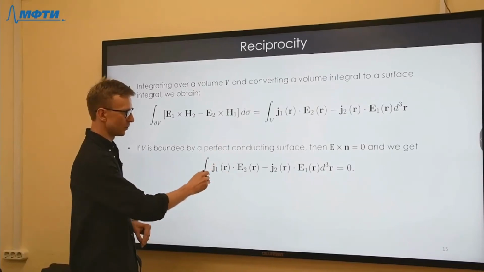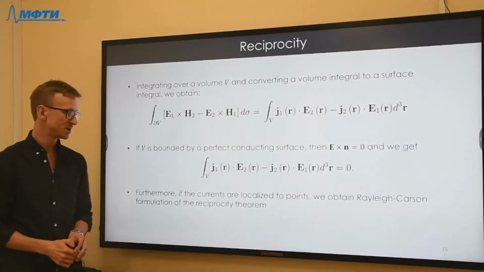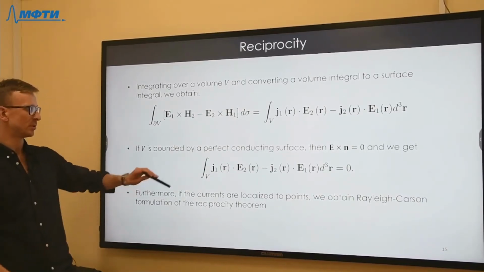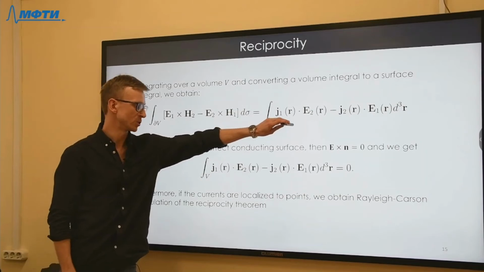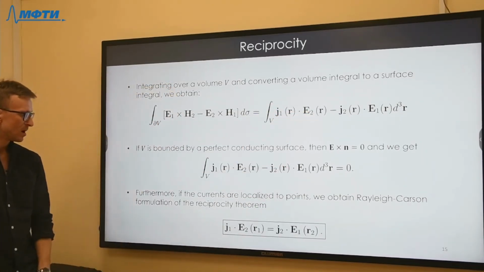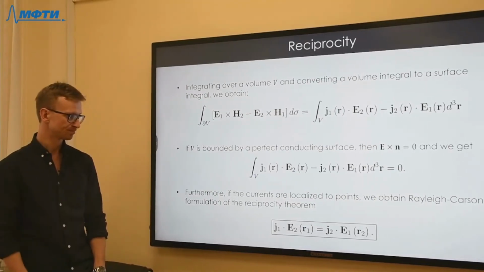And if we perform the integration from these point currents, we obtain the reciprocity, the Rayleigh-Carson formulation of the reciprocity theorem, which is very, very important in electromagnetics. Yeah, here it is. So this is the Rayleigh-Carson way of expressing the reciprocity.